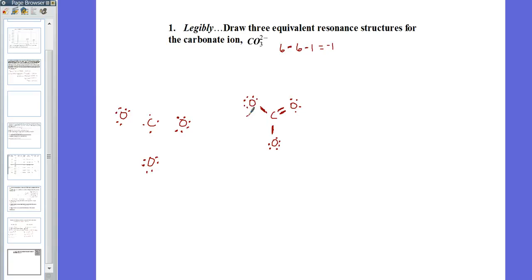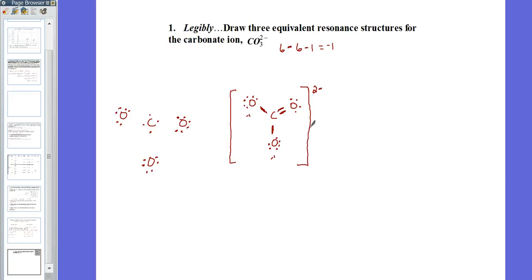Oxygen with 2 bonds and 4 electrons has a charge of 0, and carbon with 4 bonds has a charge of 0. So overall, this structure has a charge of -2.